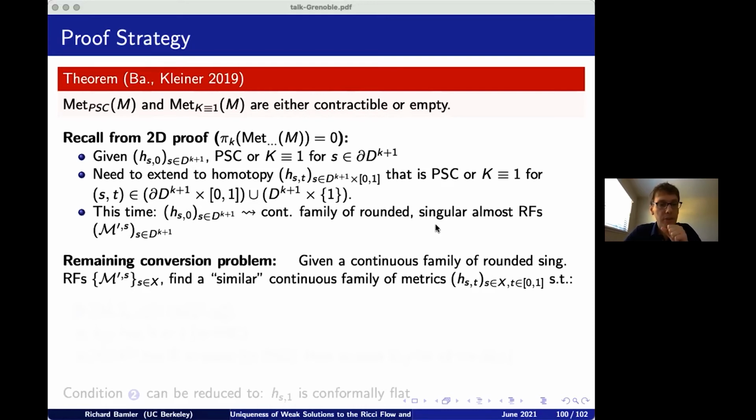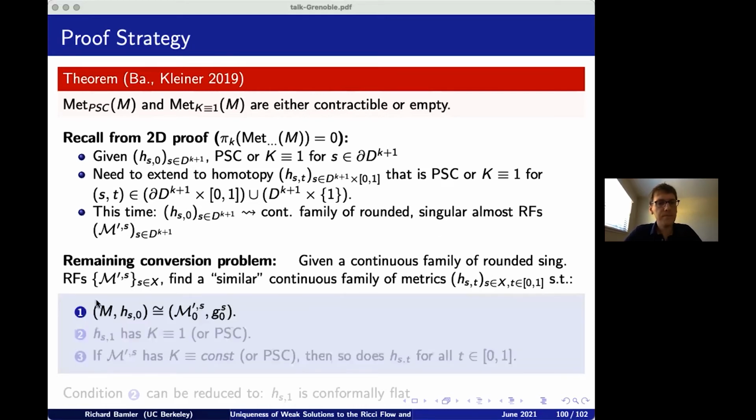So what do we want to be true? Well, we want the initial condition to be the same. That would just guarantee that we're really starting from the metrics that we're given. And we also want the property that these metrics have constant curvature or are round whenever ST is in this subset.